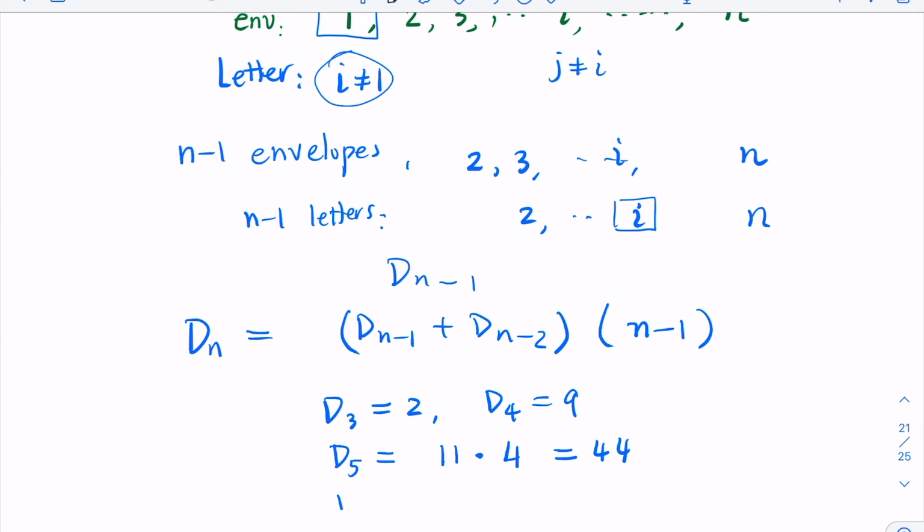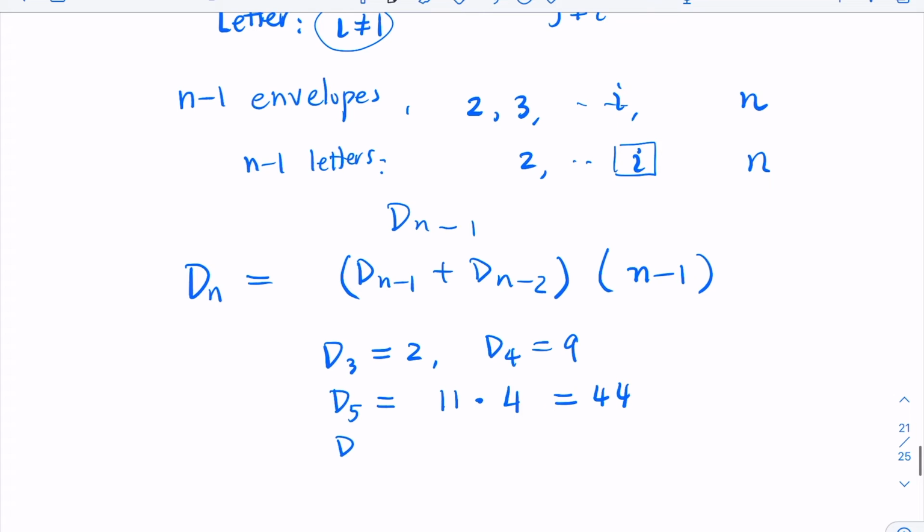Now how about d6? That's going to be 44 plus 9, that's 53, times 5, so that's going to be 265, getting bigger.